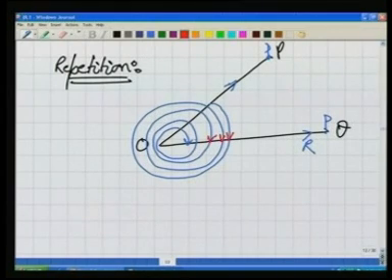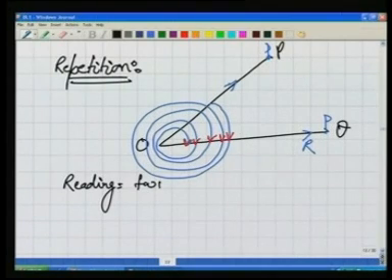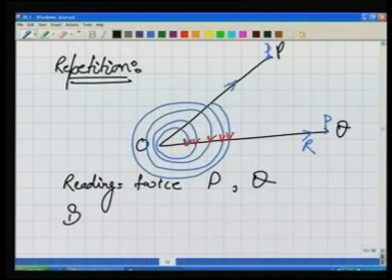So we are taking the reading only twice: once at P and at last at Q, while we are doing the bisection.